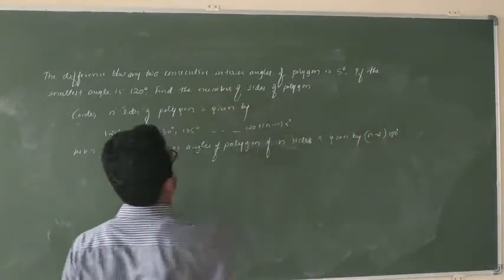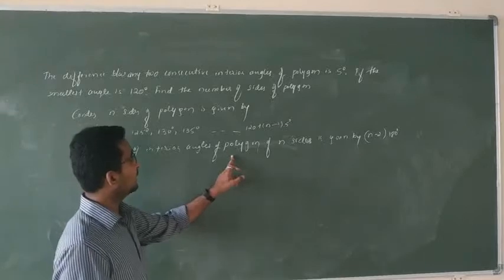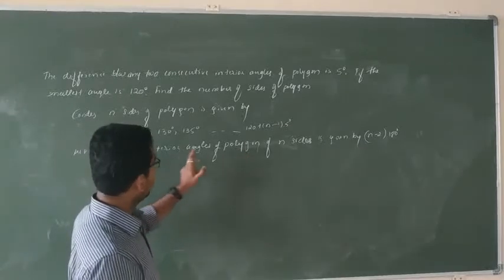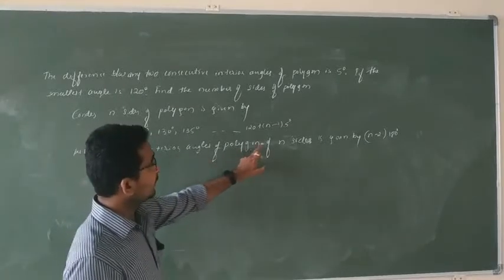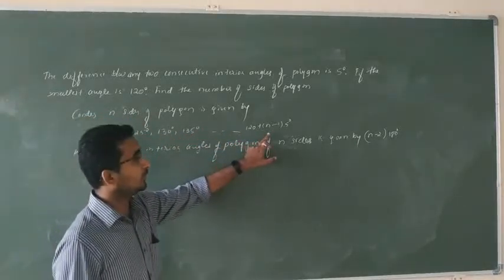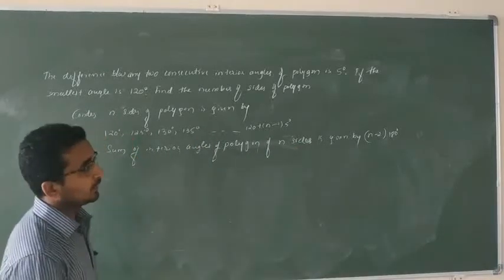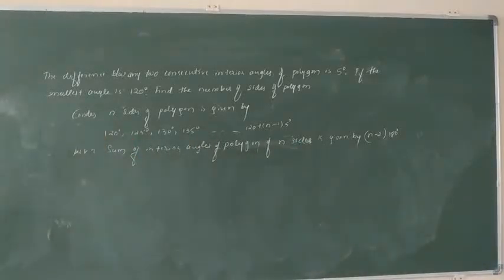Therefore, the sum of the interior angles of the polygon of n sides is given by (n minus 2) into 180 degrees.